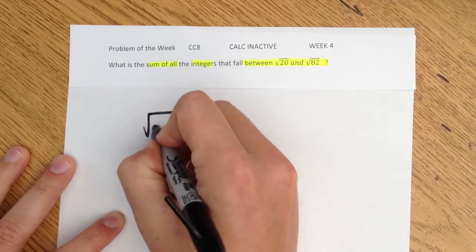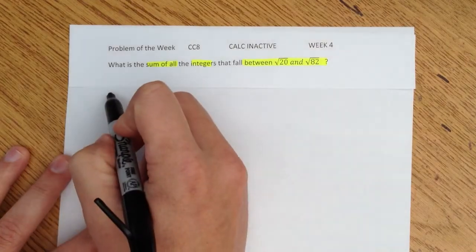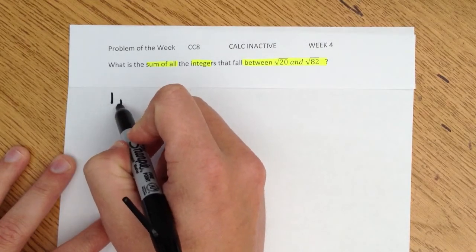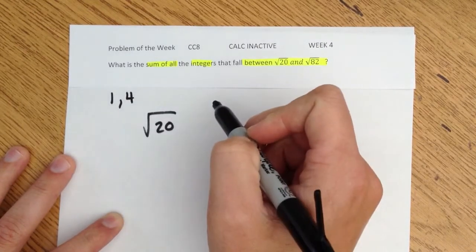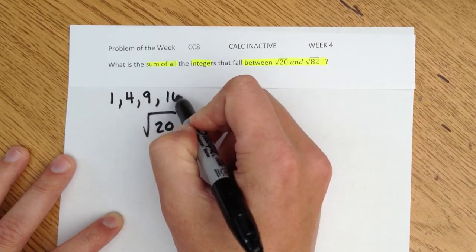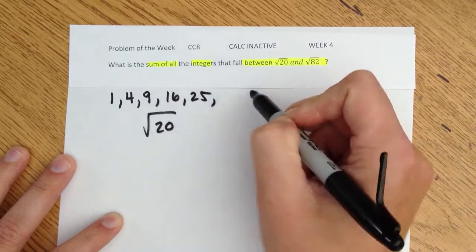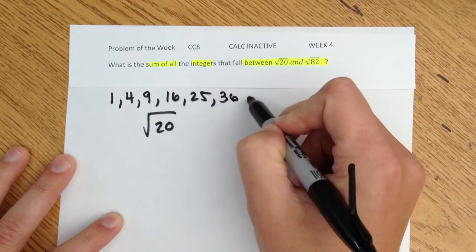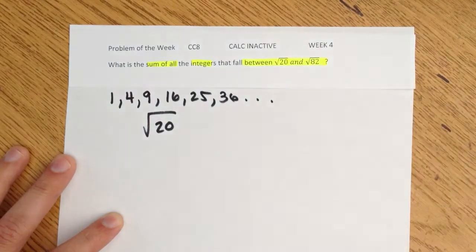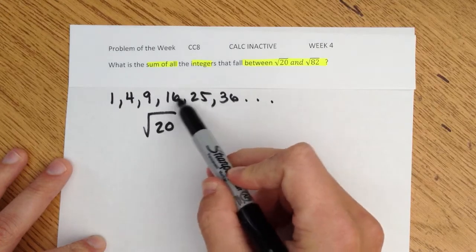So if I have the square root of 20, what perfect squares is that between? Your list of perfect squares are 1, because 1 times 1 is 1, 4, because 2 times 2 is 4, 3 times 3 is 9, 4 times 4 is 16, 5 times 5 is 25, 6 times 6 is 36, and this list continues, right? So the square root of 20 would fall between 16 and 25.